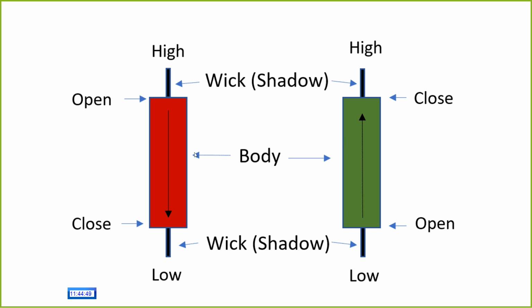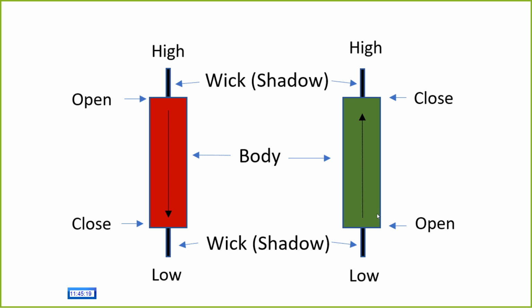I'm pretty sure all of you have figured that out already, that the body shows you where the open and the close is. If a candlestick closes below the open, it's going to be red. If it closes above the open, it's going to be green. And the little pieces on top of the candle and the bottom of the candle are the wicks.